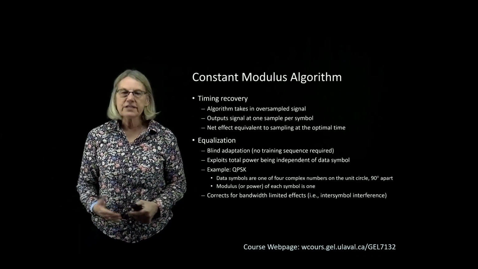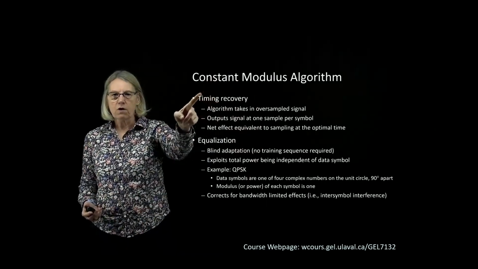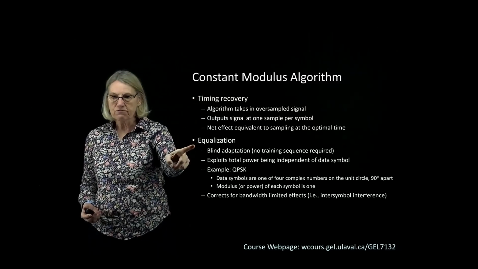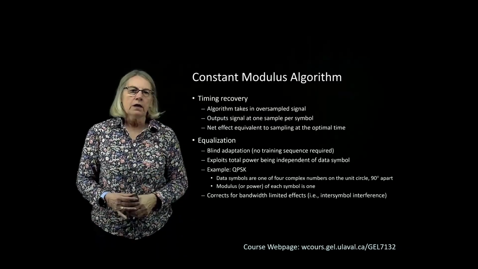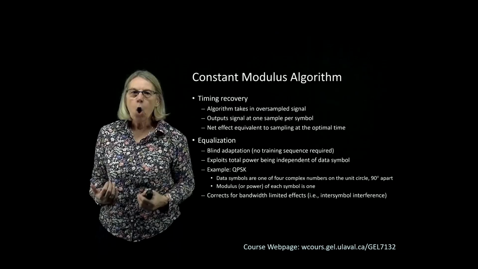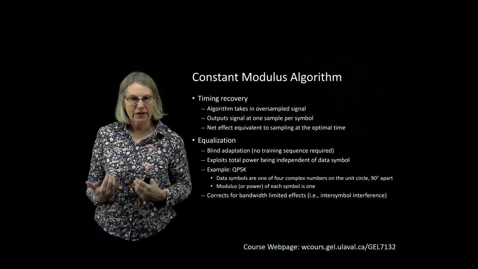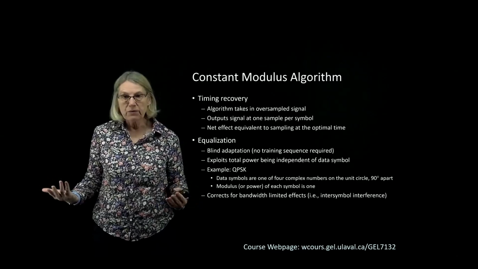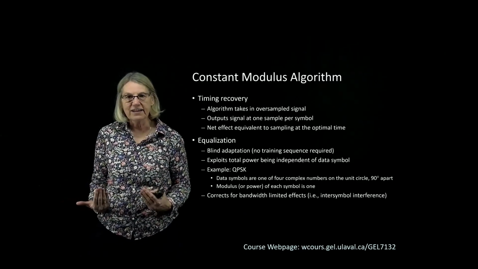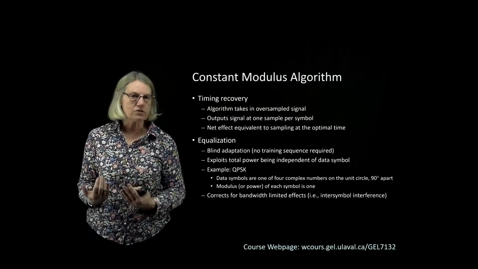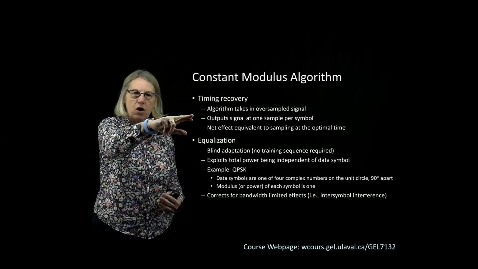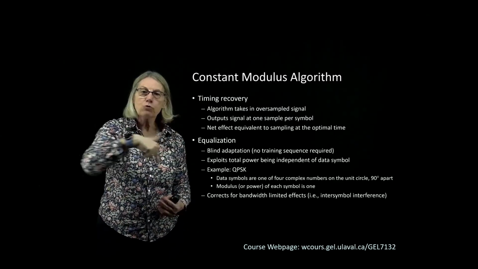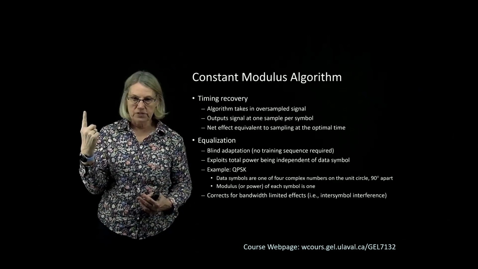So, constant modulus, we use it for timing recovery, we use it for equalization. The algorithm takes in an oversampled signal. Predicated on the use of constant modulus for timing recovery in particular is the fact that I'm going to take advantage of the oversampling. So I put in an oversampled signal, but I output one sample per symbol.